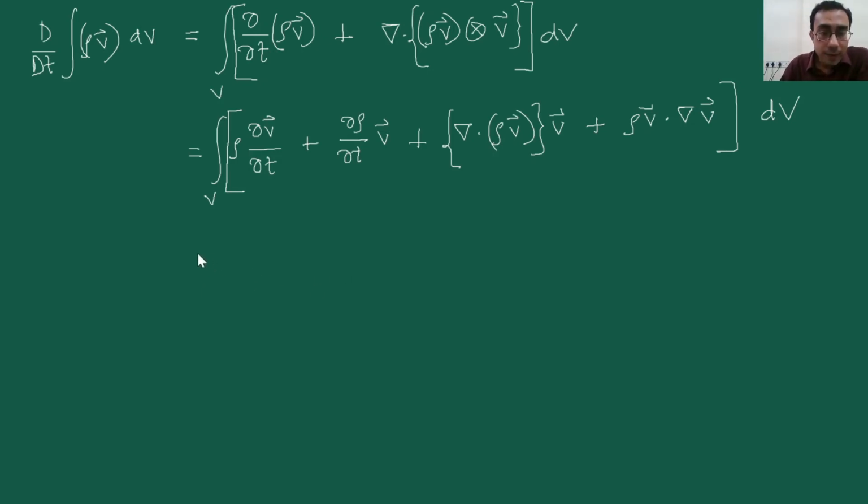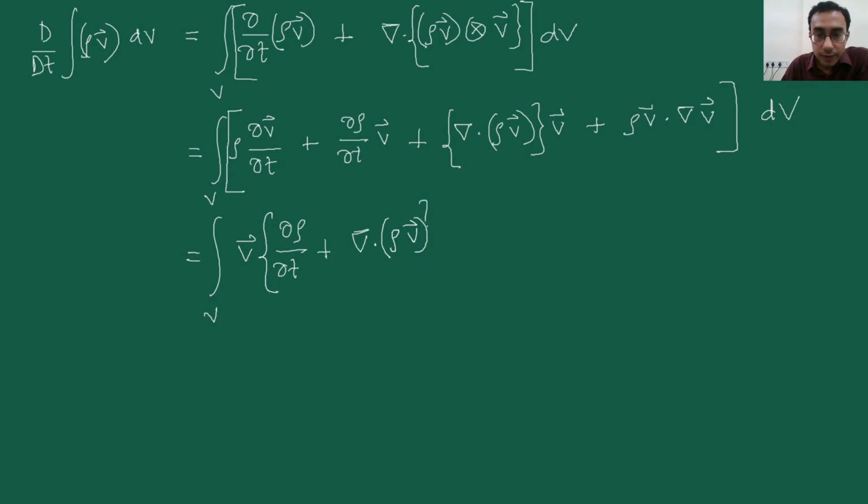So what happens now is that we can collect some common terms. You see there's a v vector here, there's a v vector here. We'll take that common. So v vector common, del rho del t plus del dot rho v.